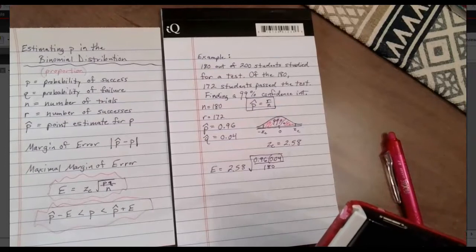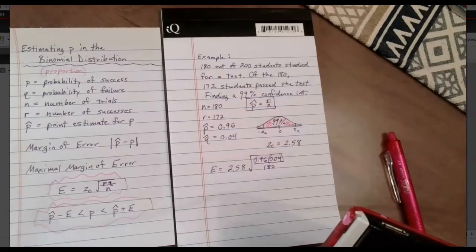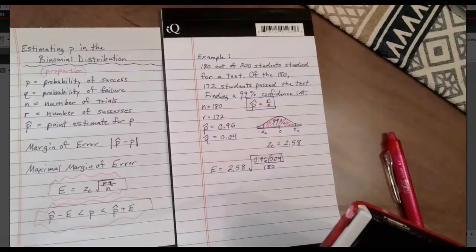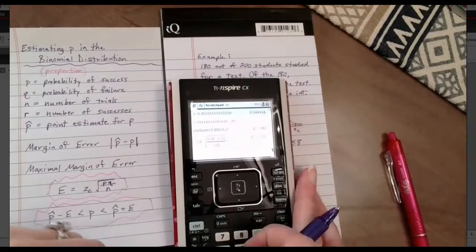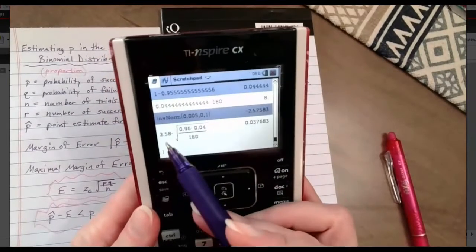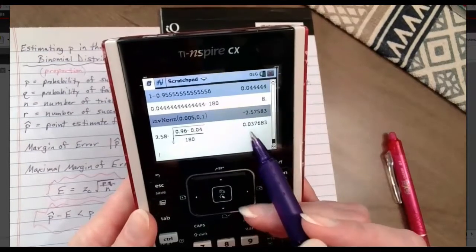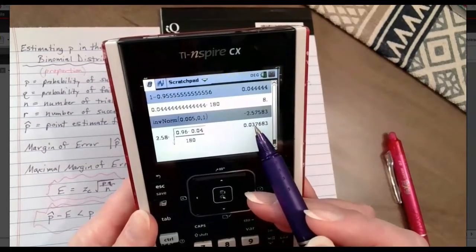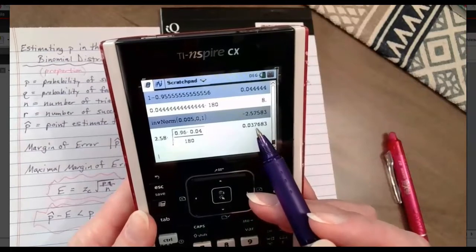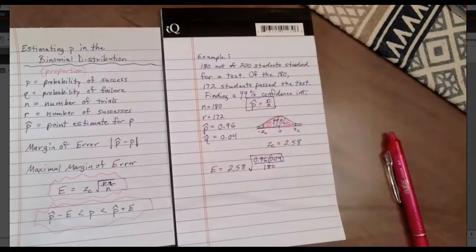So 2.58 times the square root of 0.96 times 0.04 over 180. Ladies and gentlemen, that is it right there. This is going to be our margin of error, 0.0376. I'm going to call this 0.038. 0.038 is our margin of error.